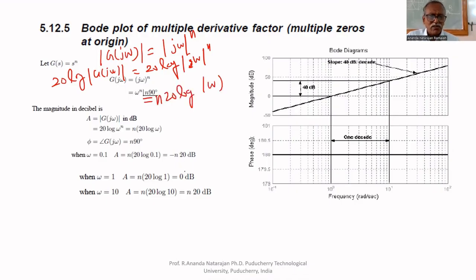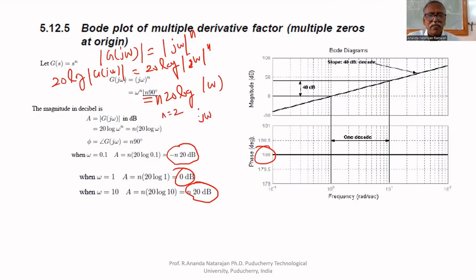When omega equals 1, you get 0. When omega equals 0.1, you get minus n 20. When omega equals 10, you get n 20. So we have to multiply by n. If s is in the numerator, the slope is positive. If s is in the denominator, the slope is negative. That is the only difference. But what is the phase plot? The phase plot is that of j omega.